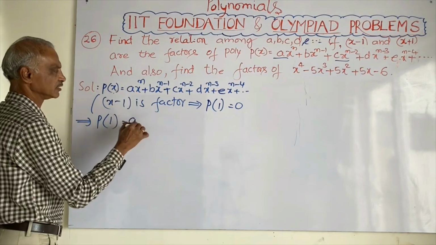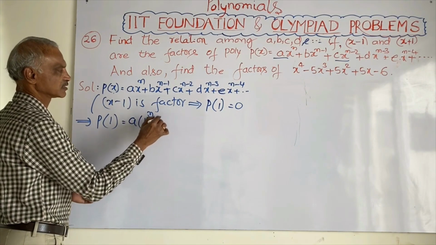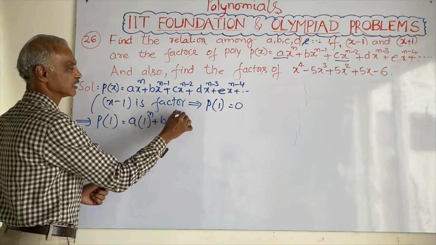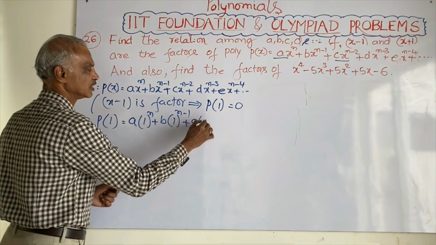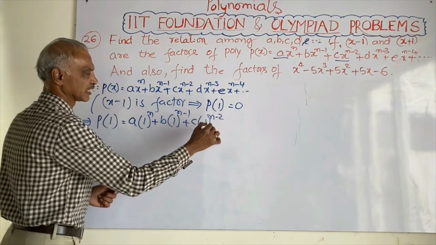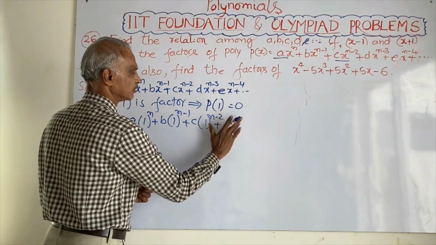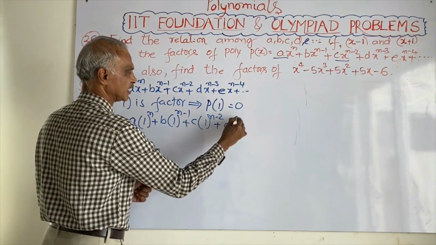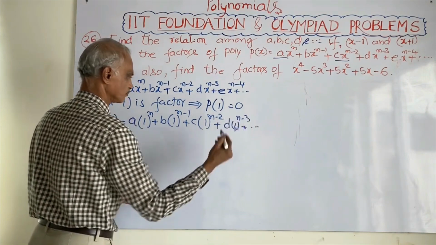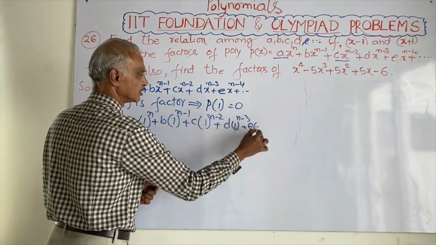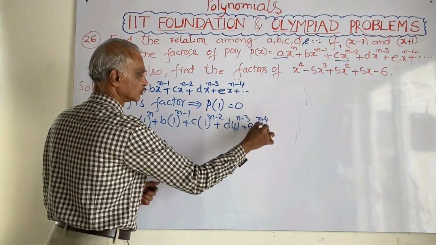p of 1 is a into 1 to the power of n plus b into 1 to the power of n minus 1 plus c into 1 to the power of n minus 2, d into 1 to the power of n minus 3, like that, and e into 1 to the power of n minus 4.